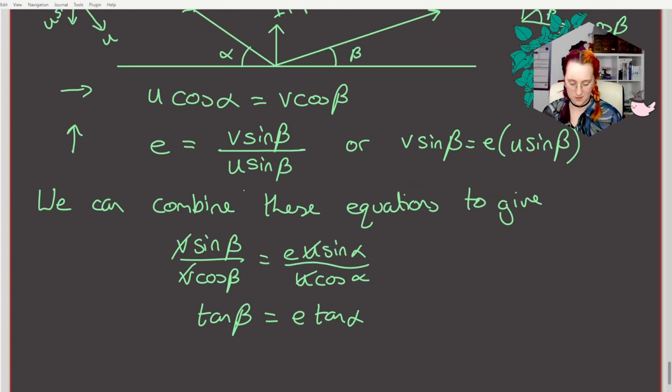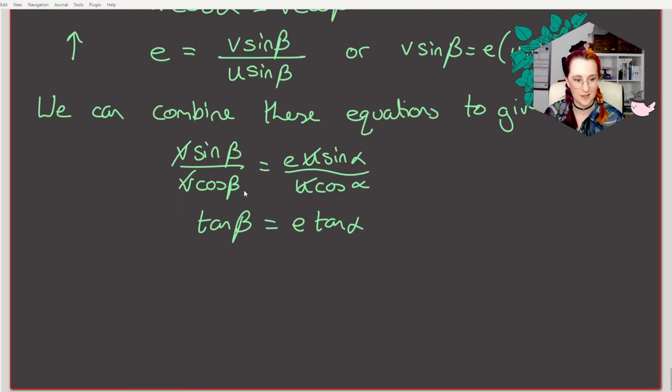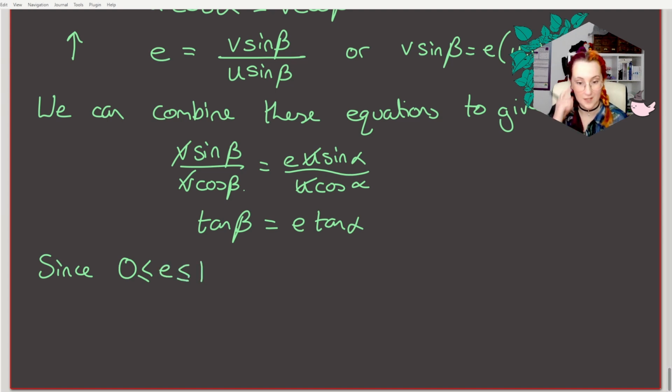Okay, so this gives us an equation for the angles and E, and since E is between 0 and 1, a fractional amount, we have that tan beta is less than or equal to tan alpha.